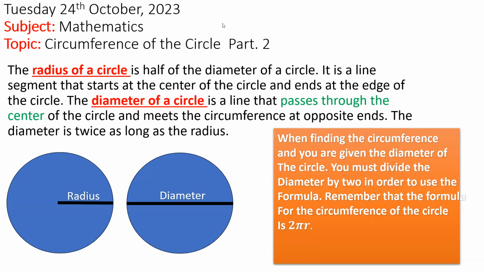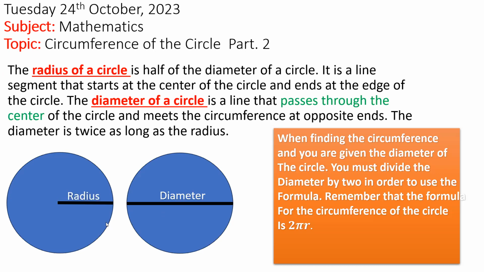I'm going to ask Lavar Brown, what is the formula for the circumference of the circle that we use? 3.14? No, that's for pi. What is the formula for the circumference of the circle? Anyone can help him? 2 pi r. Very good, 2 pi r.